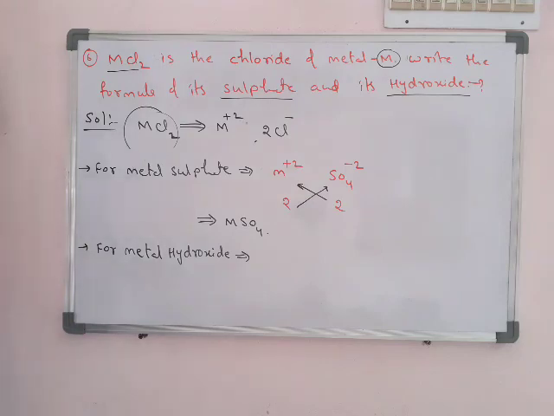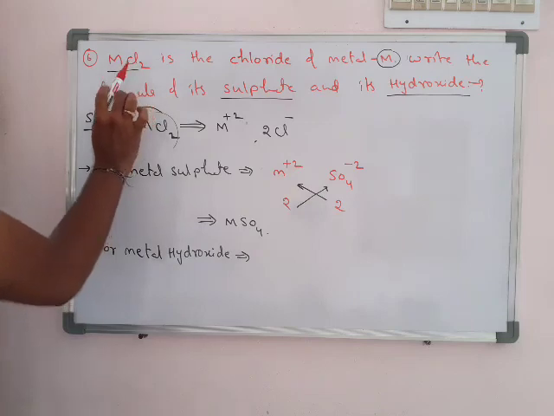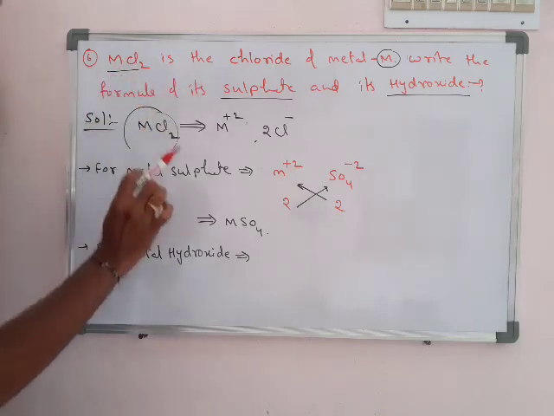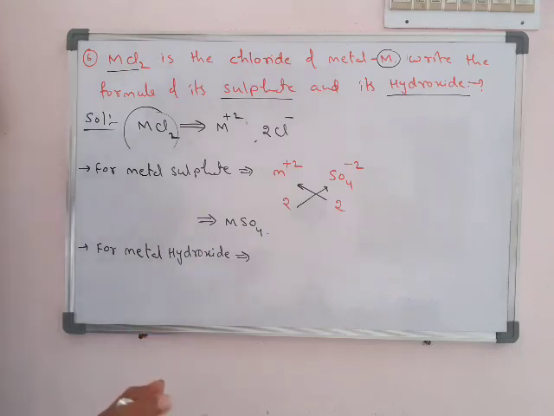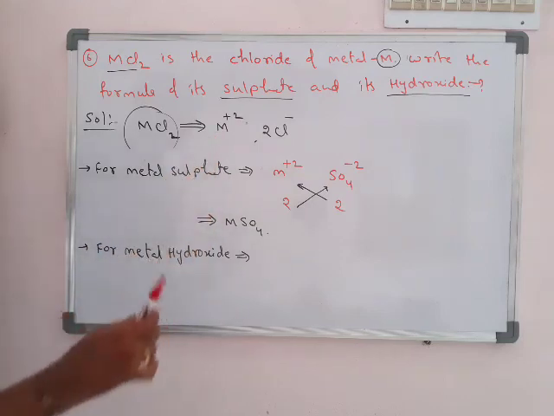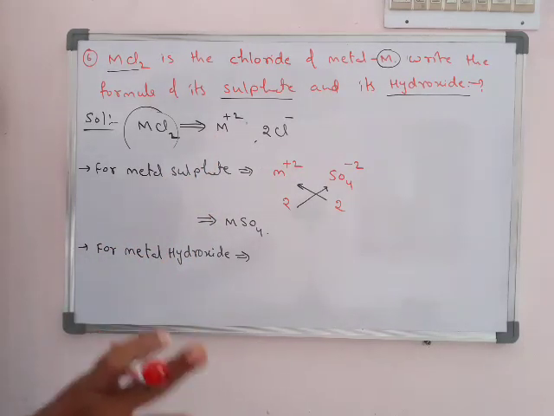So what is the metal ion? M plus 2. How do you know it is M plus 2? With the help of this clue: in this problem the metal chloride formula is given, so the metal chloride formula is given to know the metal ion formula.